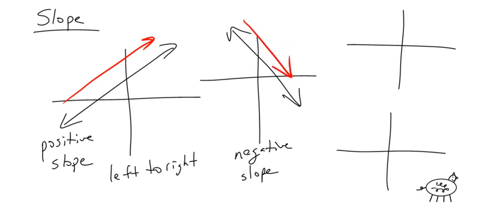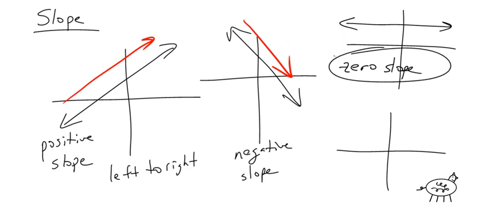All right? And then this guy right here, this is called a zero slope. It's a zero slope because it's like a zero incline, if you want to think of it this way. If you have a 1 or 2 degree incline, this has zero incline, so that's why it's called a zero slope.